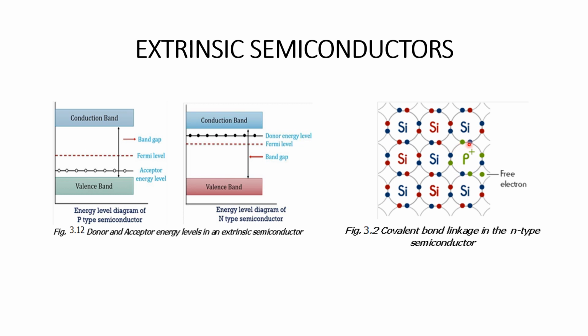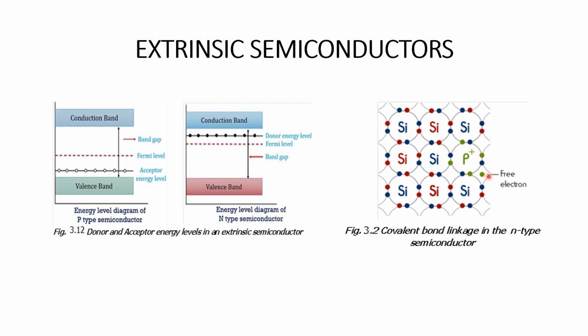So every dopant, that is every donor impurity which is added into the system, is responsible for giving out one free electron. So what happens? A large number of free electrons are accumulated, making free electrons the majority carriers and holes the minority carriers.